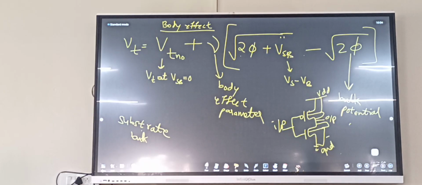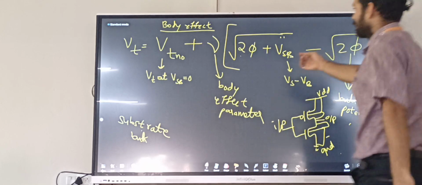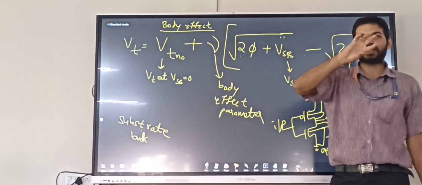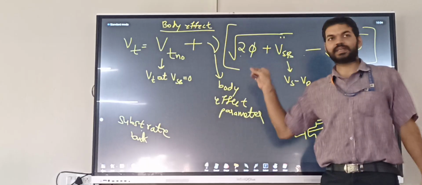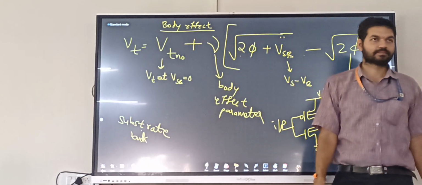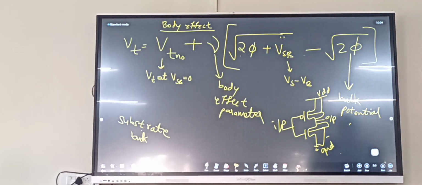That change in voltage will add some voltage to the original value of threshold voltage. So by changing the connection of the body to some other terminal, the threshold voltage of the device itself is changing. That is body effect.